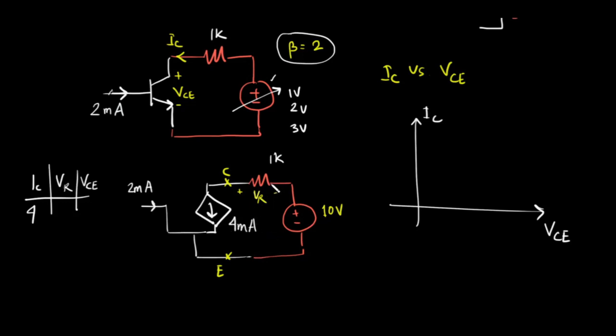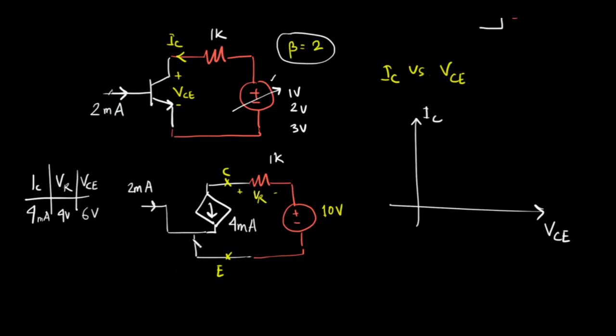If 4 milliampere current flows through 1 kilo ohm resistance, then the voltage across the resistance will definitely be 4 volt, right? Then what will be VCE? Since the supply is 10 volt, VCE will be 10 volt minus VR. Since VR is 4 volt, 10 volt minus 4 volt is 6 volt.